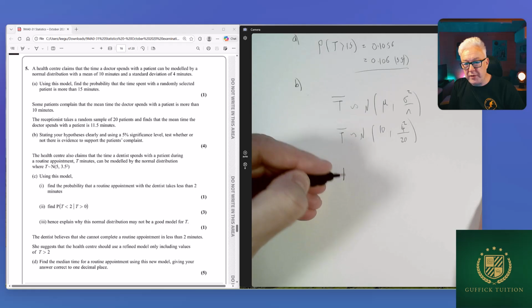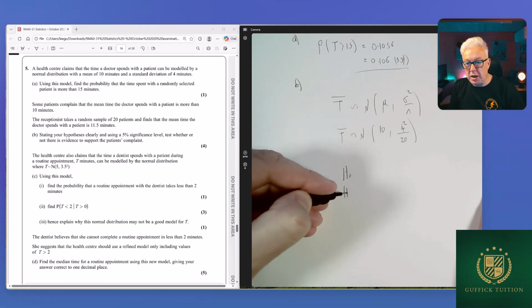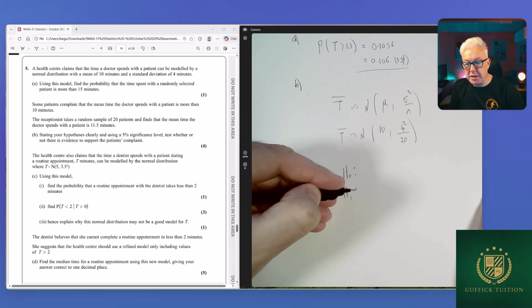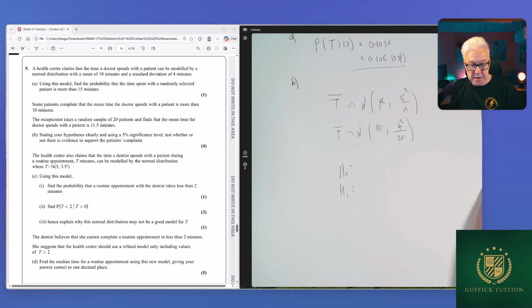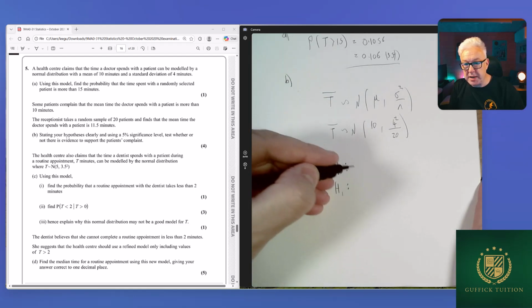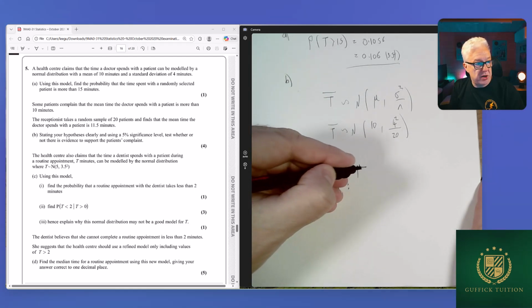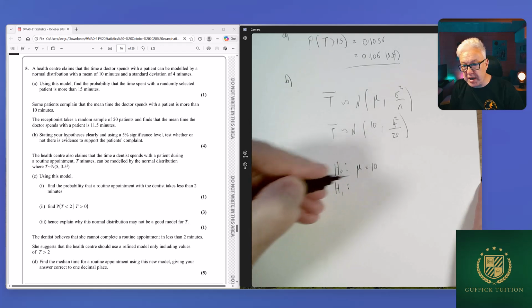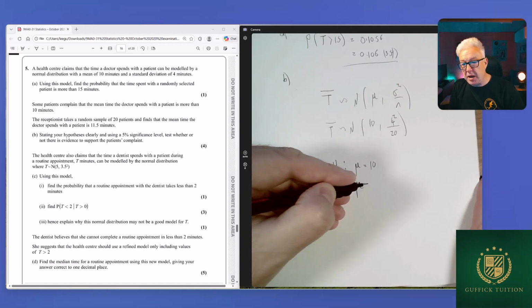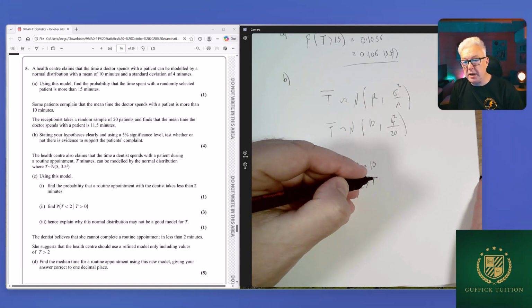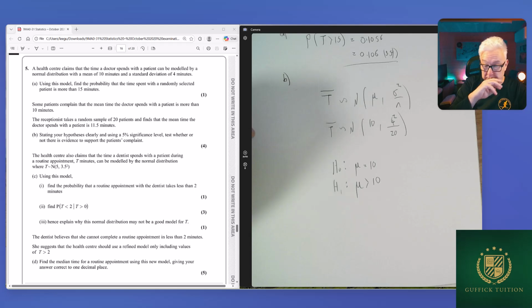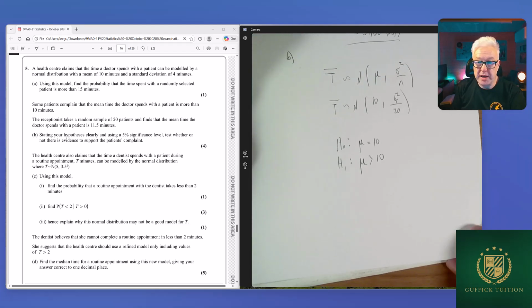Now, we've got to define our null and our alternative hypotheses. Our null hypothesis is that the mean amount of time per patient hasn't changed. It is still 10 minutes. The patients are complaining that the doctors are spending more than 10 minutes, so therefore it's a one-tail test.